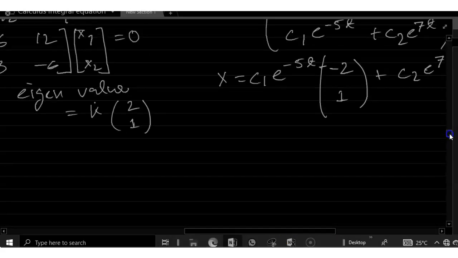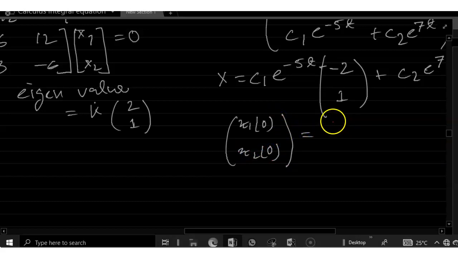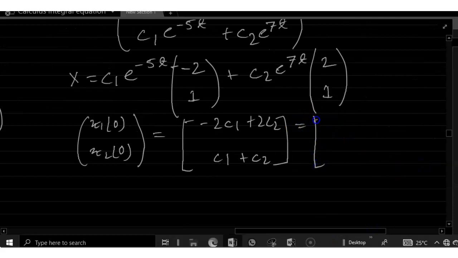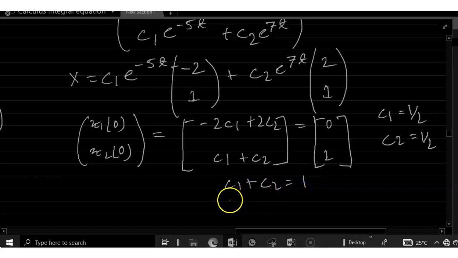Okay, and after that, (x1(0), x2(0)) equals (minus 2c1 plus 2c2, c1 plus c2) equals (0, 1), and after that I find out c1 equals half and c2 equals half by calculation, as c1 plus c2 equals 1 and c1 equals c2.